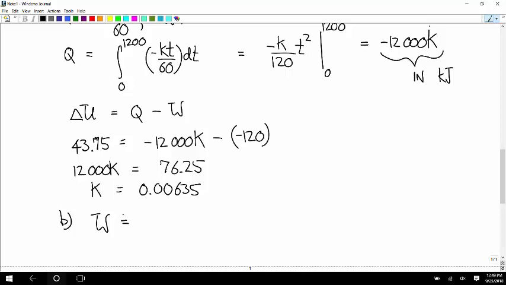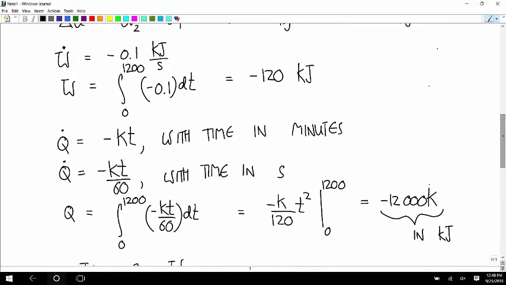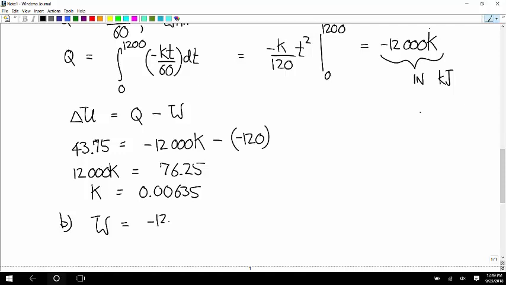That wasn't dependent on Q. So W is equal to negative 120 kilojoules. Q is equal to negative 12,000 times this, which just gives us back negative 76.25, right? And that's also in kilojoules.